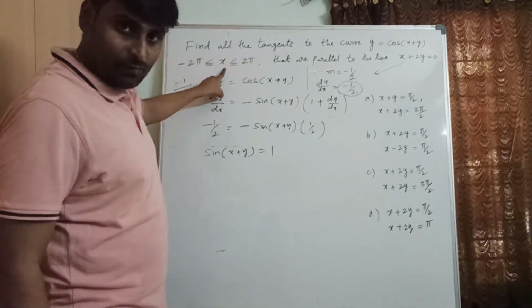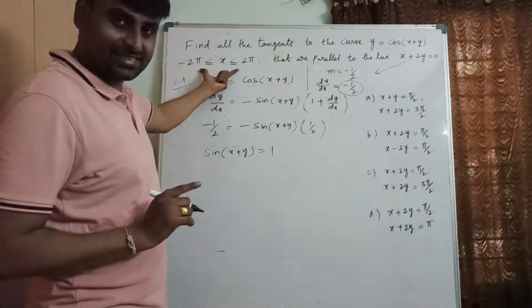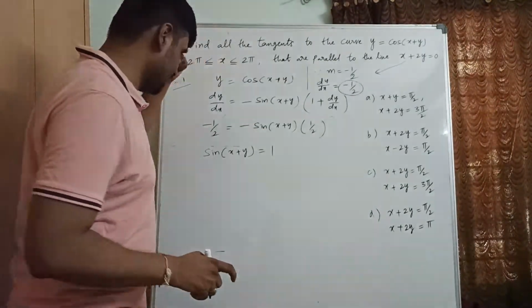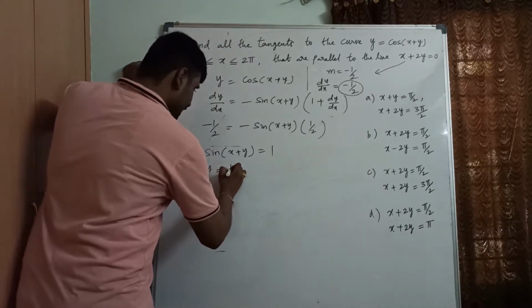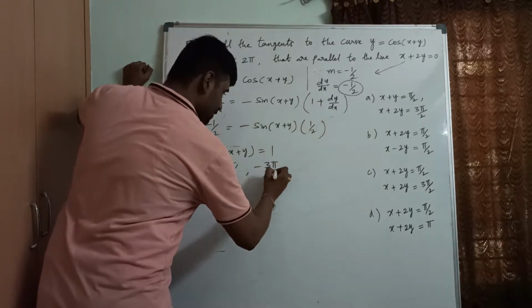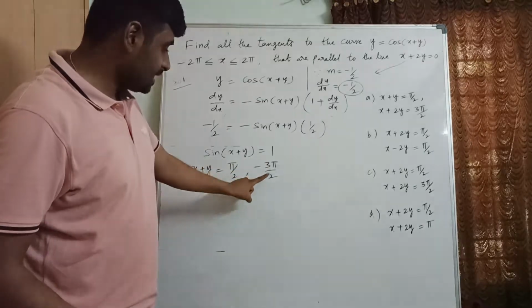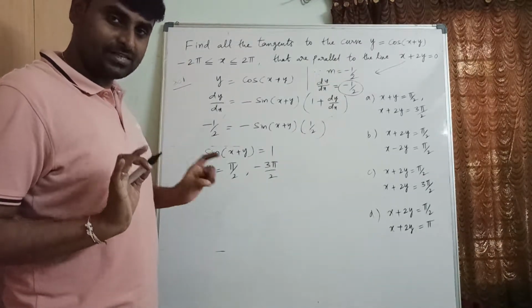Sine 90 is 1, sine of minus 270 is also 1. We have to take the value of x in this range only, right? So now, x plus y equals pi by 2 or minus 3 pi by 2. Hope you can understand. Sine 90 is 1, sine of minus 270 is also 1. That you can observe. It's very easy.